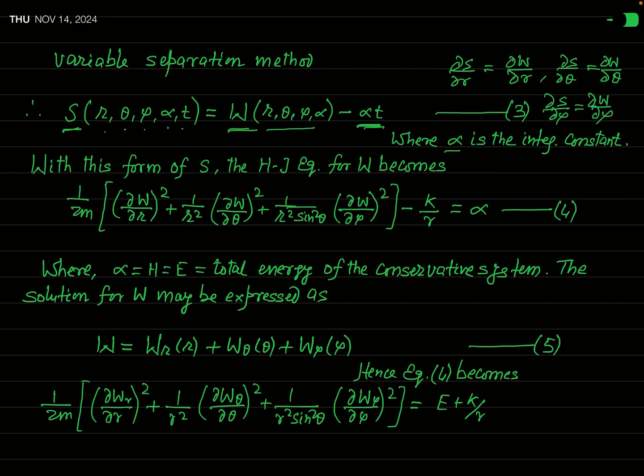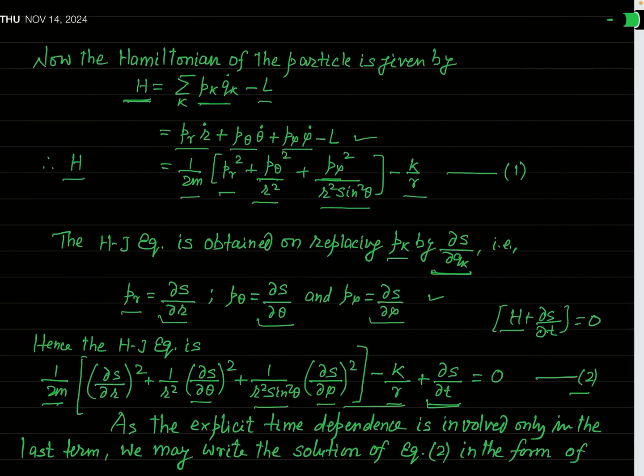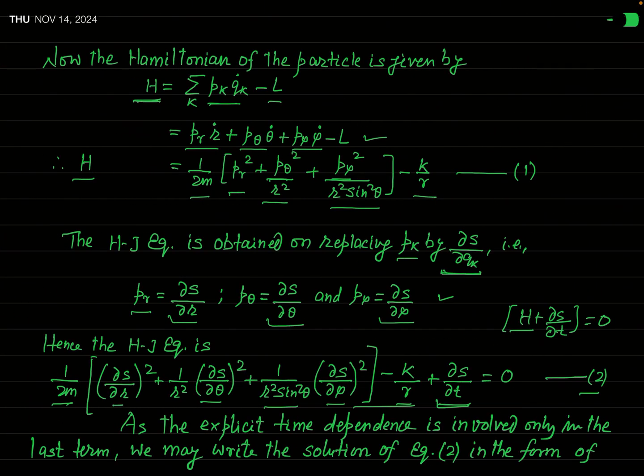So now the H.J. equation you can write in terms of the Hamilton's characteristic function, that is W. We simply replace del S by del R by del W by del R, del S by del theta by del W by del theta, and del S by del phi by del W by del phi.